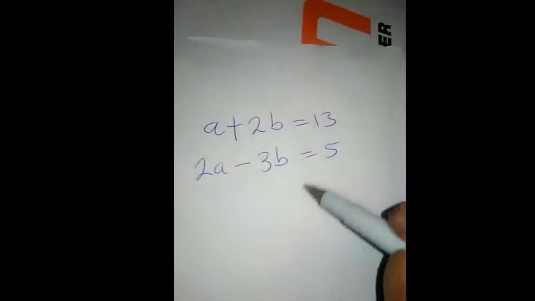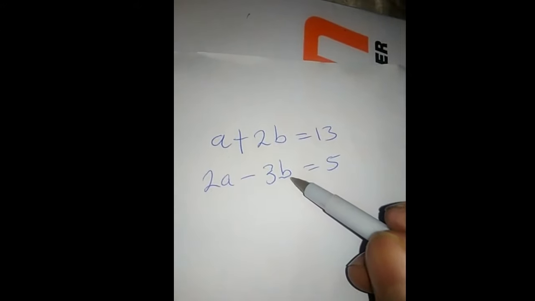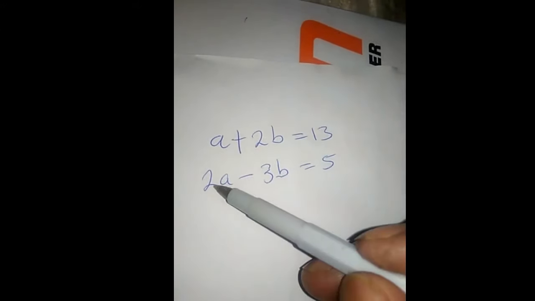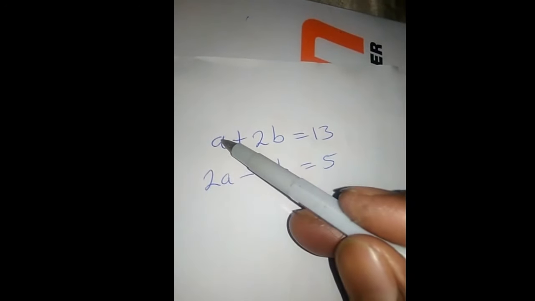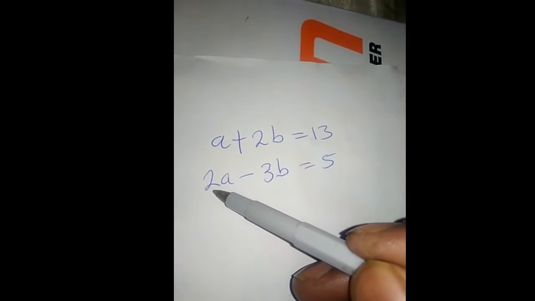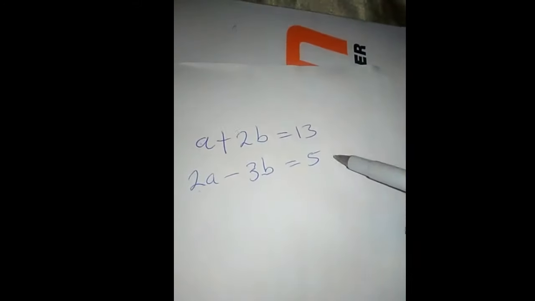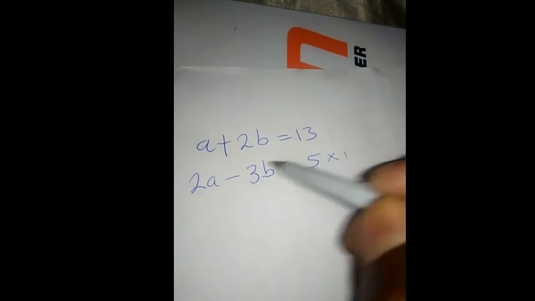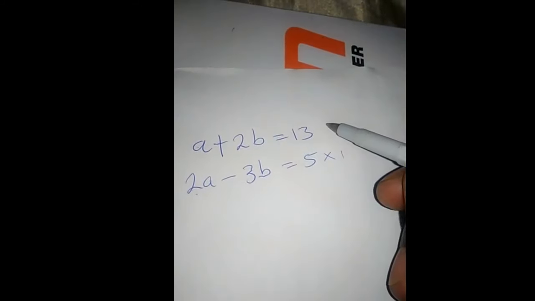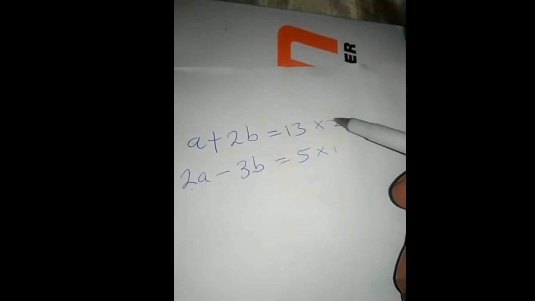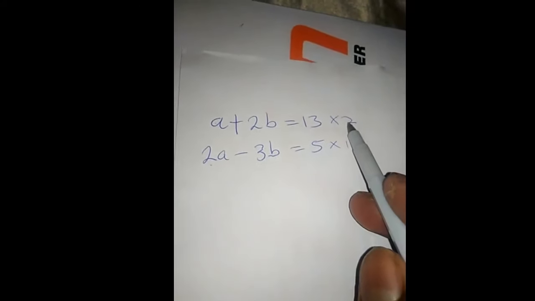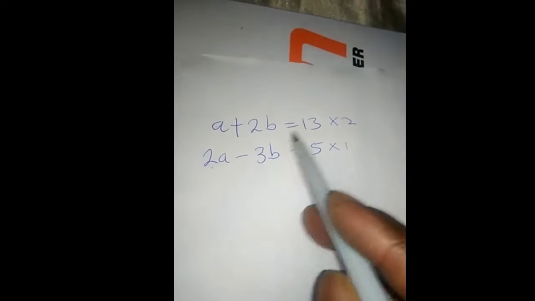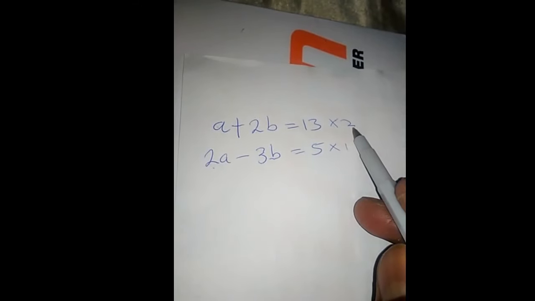So in this equation, what we do is cross multiply these coefficients. This one will be 1 and this one will be 2. So this one will be multiplied by 2 and this one by 1. The next stage is to multiply each equation by its number.